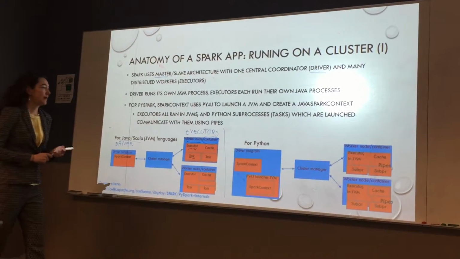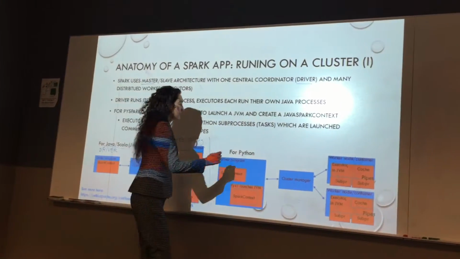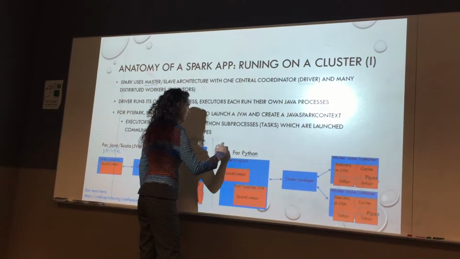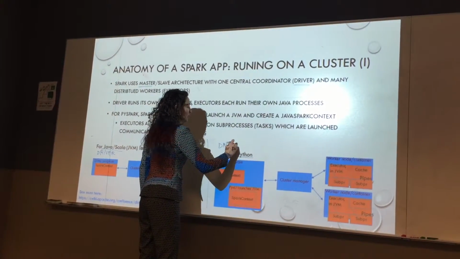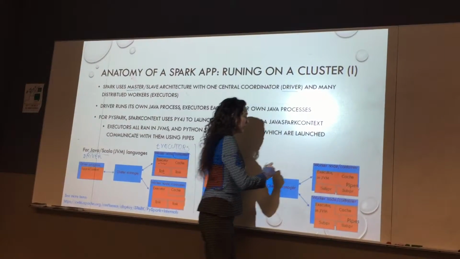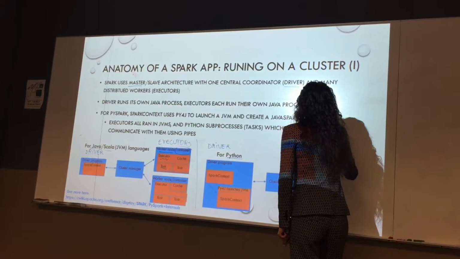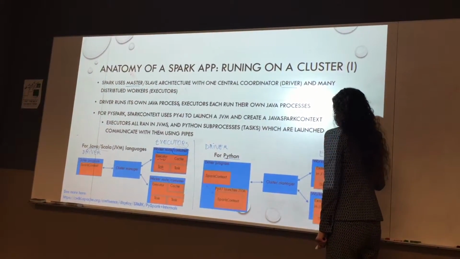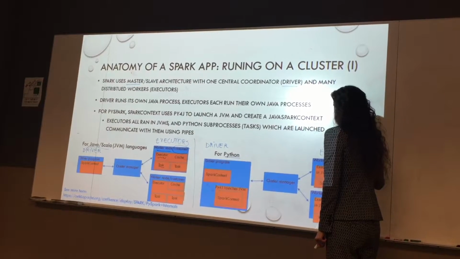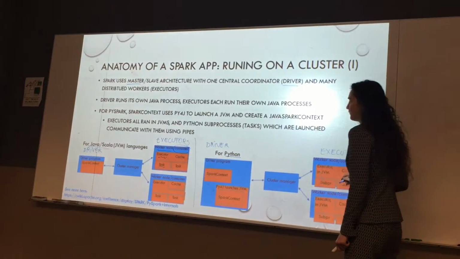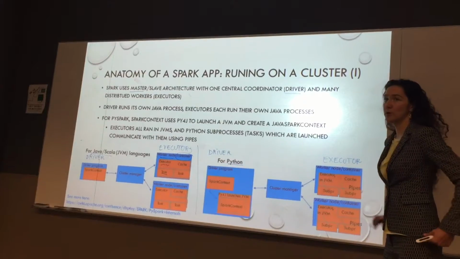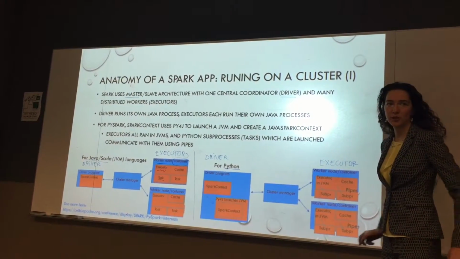Now, if we have Python, it is the same situation. There is a driver and an executor. However, the Python code has to be converted to a Java virtual machine.